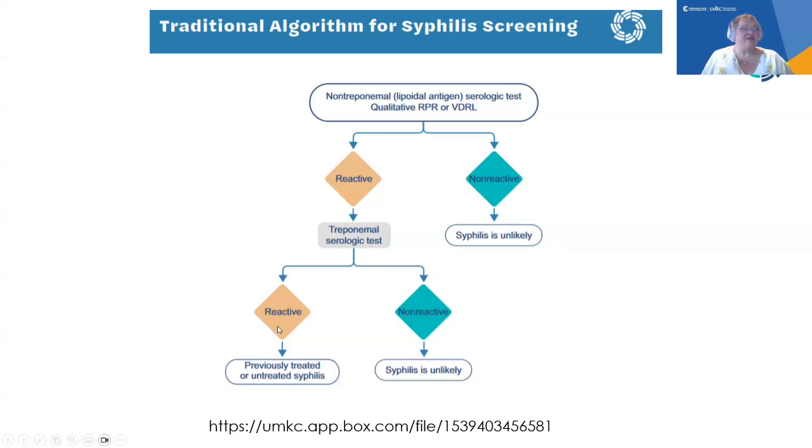If that is reactive, then you have two that agree, and it's either syphilis or previously treated syphilis. If you have a reactive and then a non-reactive, then another type of treponemal test, like a TPPA, will come in as the tiebreaker. So that is the traditional.